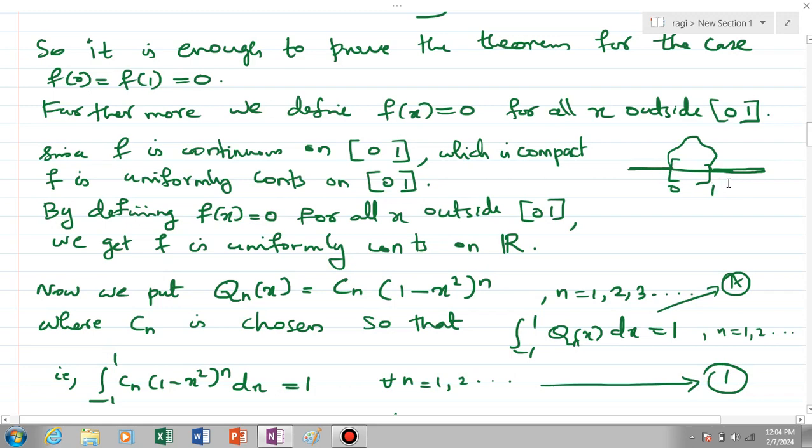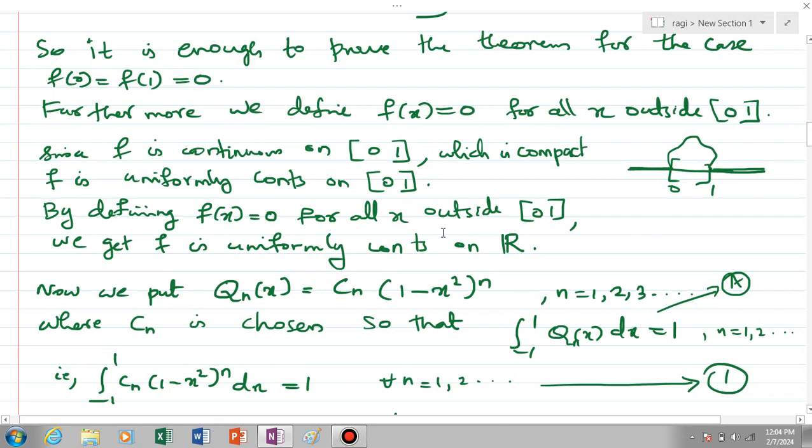We know that a continuous function defined on a compact interval is uniformly continuous, and so our f is uniformly continuous on [0, 1], and by defining f(x) equal to 0 outside [0, 1], we get that f is uniformly continuous on the whole real line.